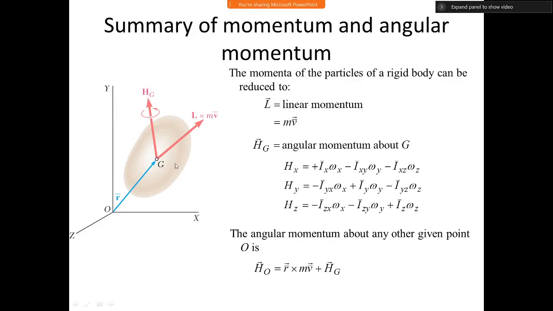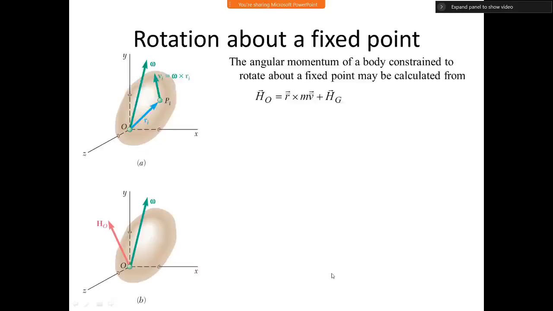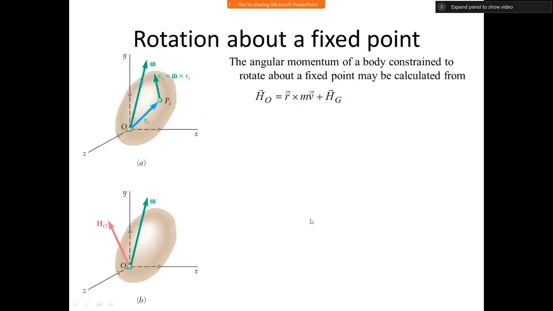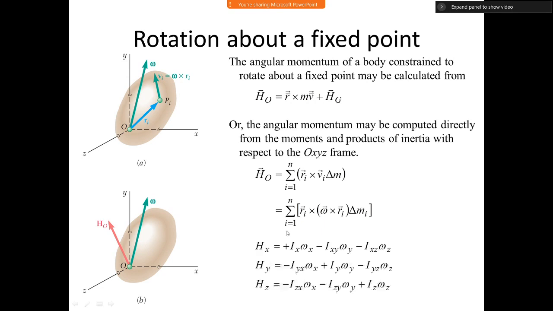And then if we want to write angular momentum about any other point, then we can write it as r cross the linear momentum of the center of mass plus the angular momentum of the whole body about that center of mass G. And we also saw that we get very similar equations if we choose the point either G or a fixed point O. Right now we have discussed the angular momentum expressions, and they remain the same.